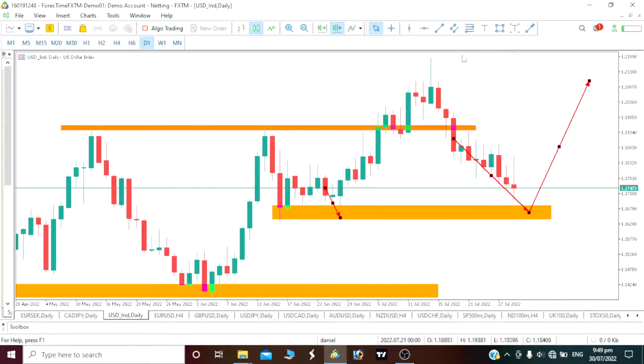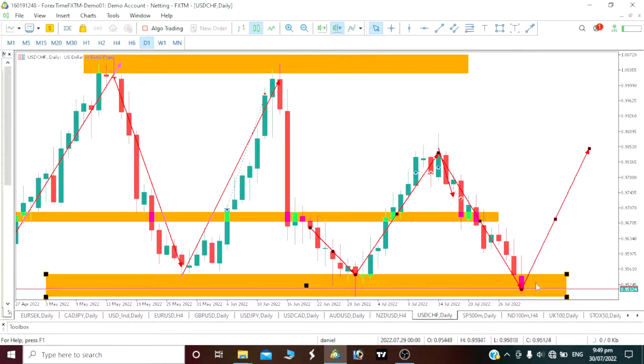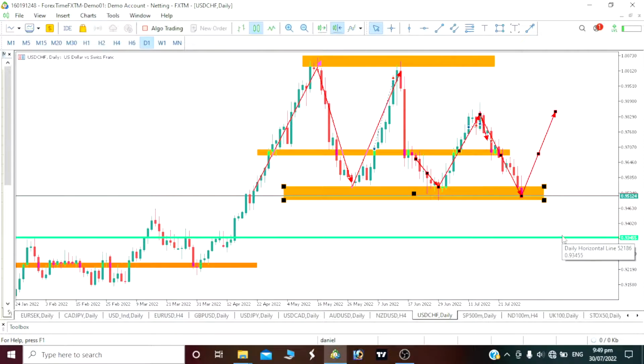Now our index is falling again. Once it hits this key level, as we are all expecting it to do very soon, then we start seeing that bullish move on our USD index. Then our USD Swiss franc too will start seeing that bullish move. So we should be expecting an uptrend move anytime soon on our USD Swiss franc.